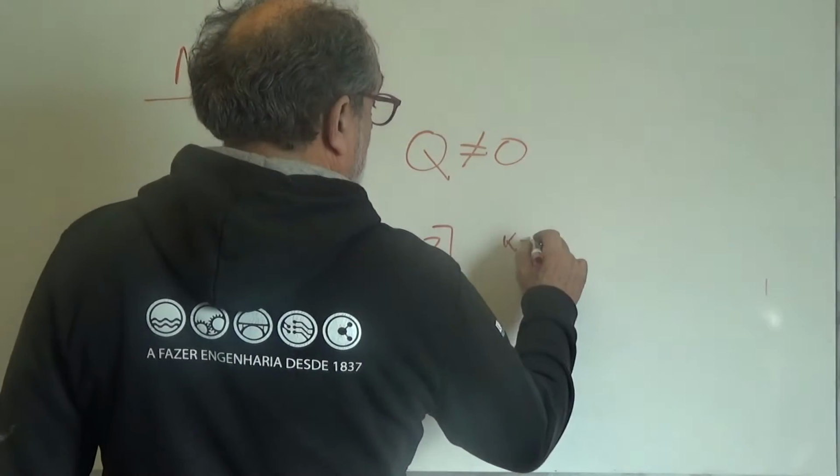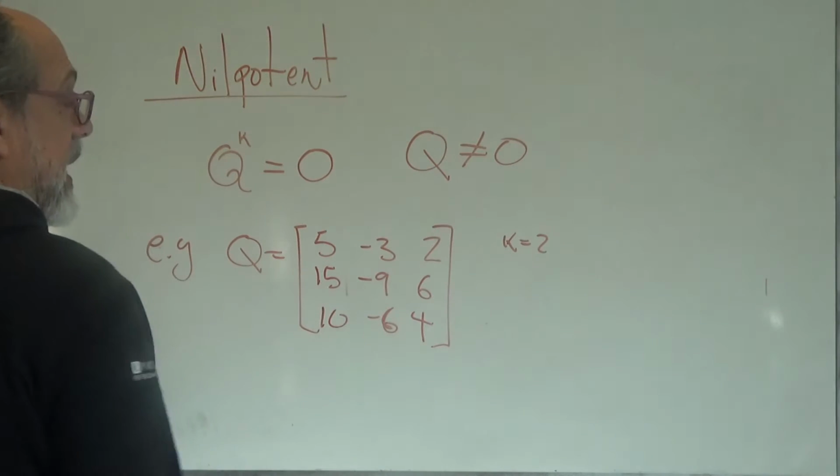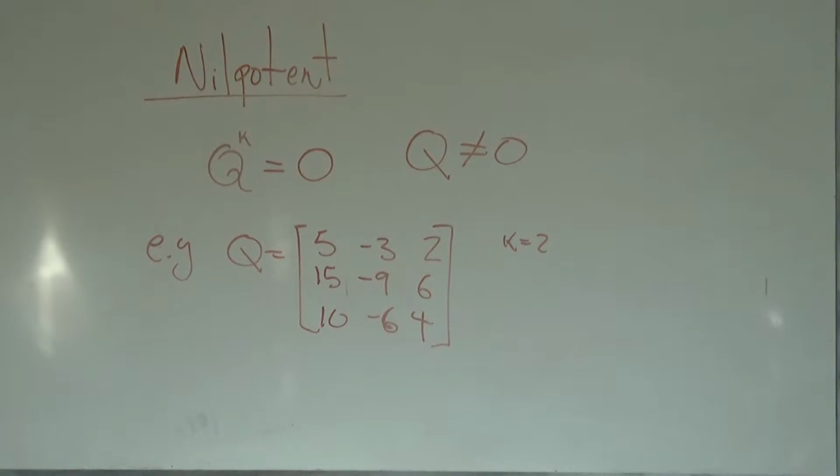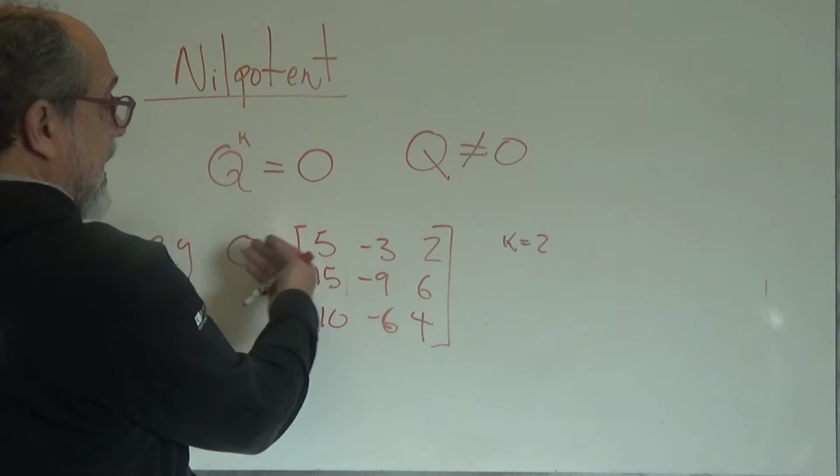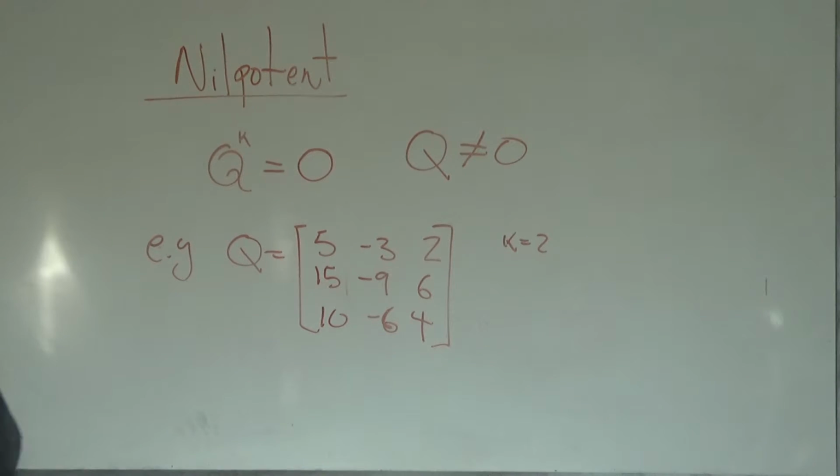That is, if you take this matrix and you multiply it times itself, everything vanishes. Okay? Once again, if you have a laptop right now or you're in front of your computer, type it in, multiply Q times Q, and you will see that it becomes 0.